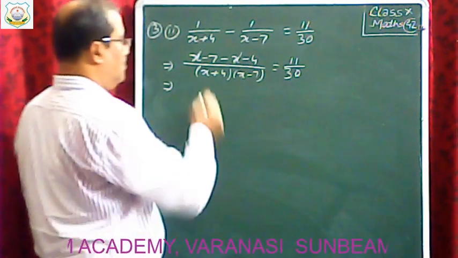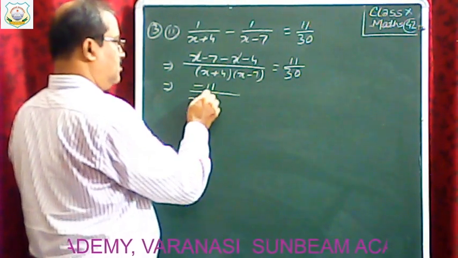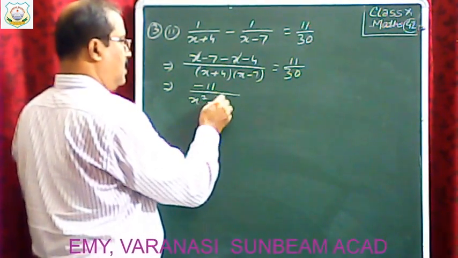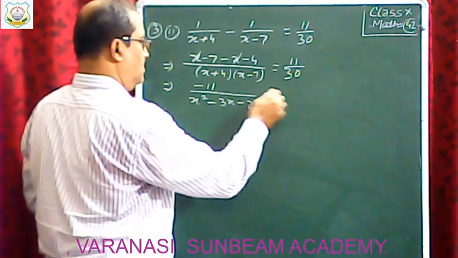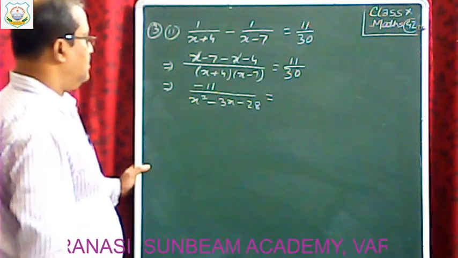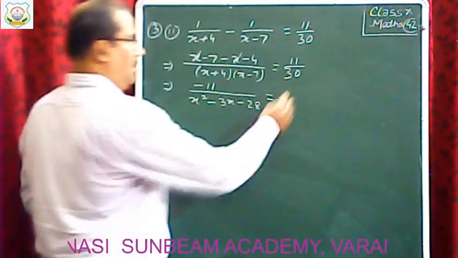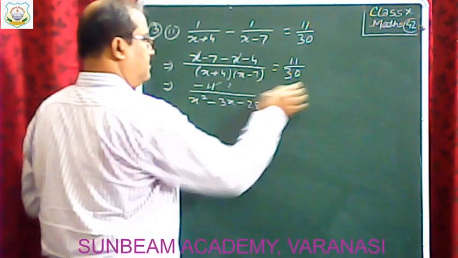So minus x minus 4, minus is there before the bracket, that's why, 11 by 30. So minus 11 multiply x square minus 3x minus 28, 11 upon 30. 11 cancel.